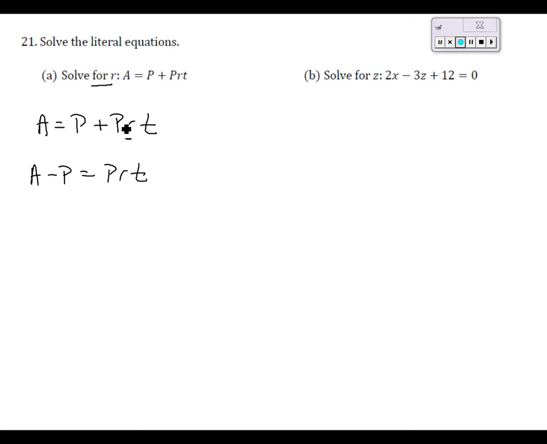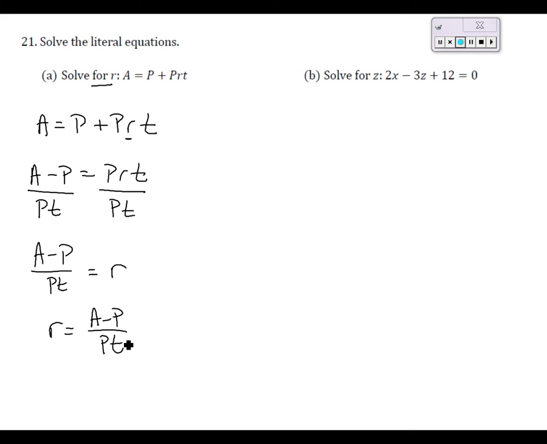So I'm going to be moving the p and the t, and since they're multiplied right now, I can do them both at the same time by division, which is what I'm going to do. I'm also going to switch this around in the end. So r is equal to a minus p over pt.